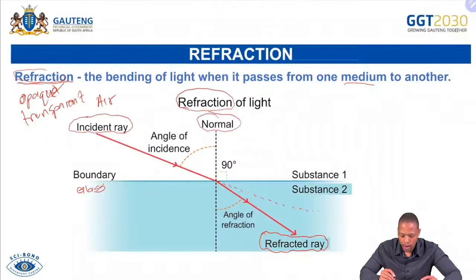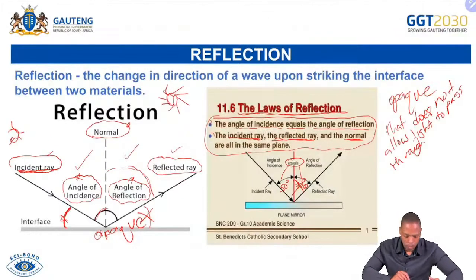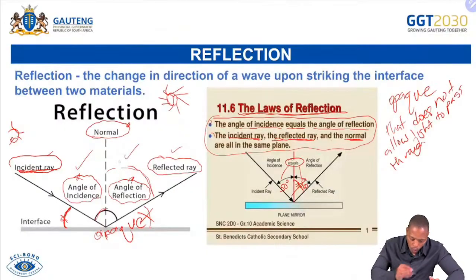You would remember that when we were talking about reflection, we said these two angles are always equal. So if we say theta I, which can stand for angle of incident, is equal to theta R, which is what? The angle of reflection here.